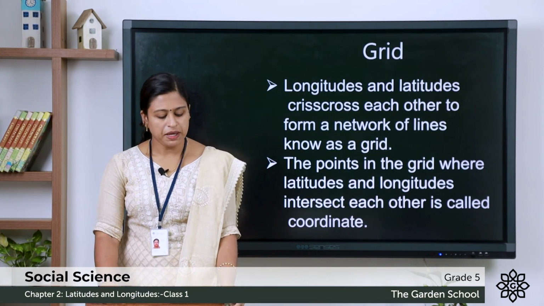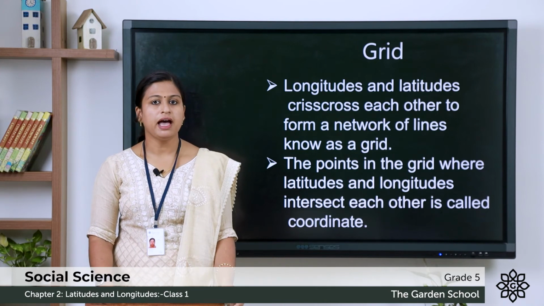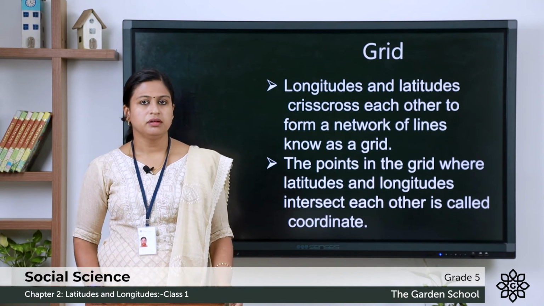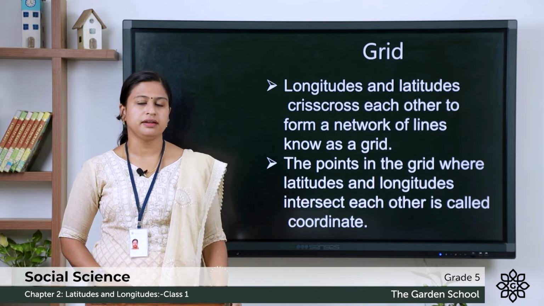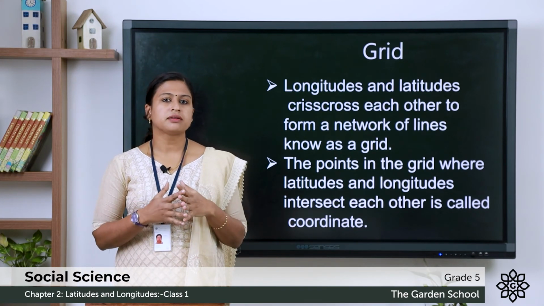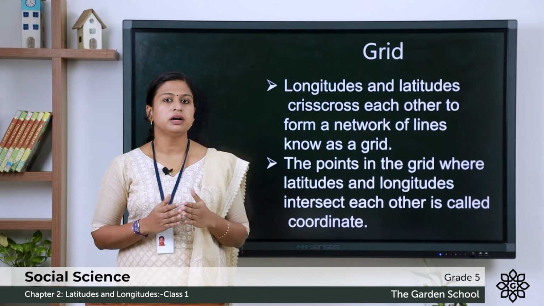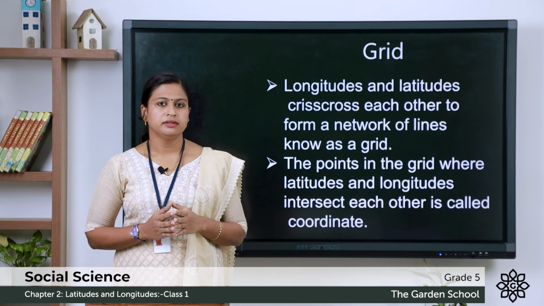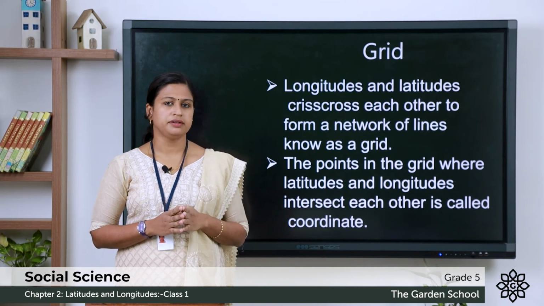Now, on page number 16, we have a grid map. Before that, let's see what a grid is. Longitudes and latitudes crisscross each other to form a network of lines and this is known as the grid.